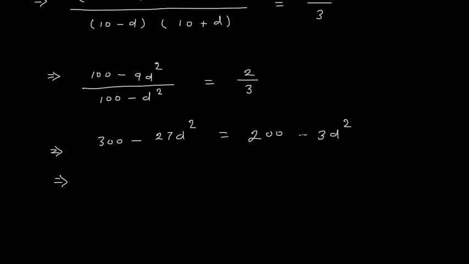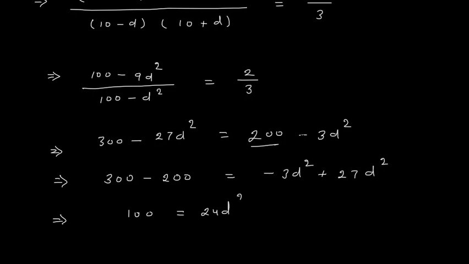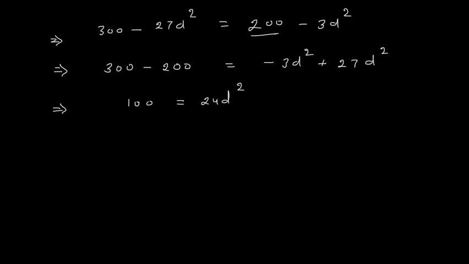So this implies I will bring this 200 to the left. So it is 300 minus 200 equal to minus 3d square, and this minus 27d square I will move right. So it is plus 27d square. So this implies 100 is equal to 27 minus 3 is 24, so it is 24d square. So this implies the value of d square is 100 divided by 24.